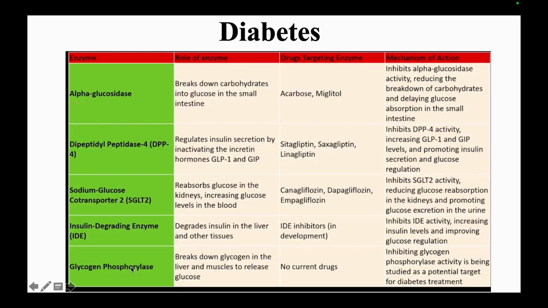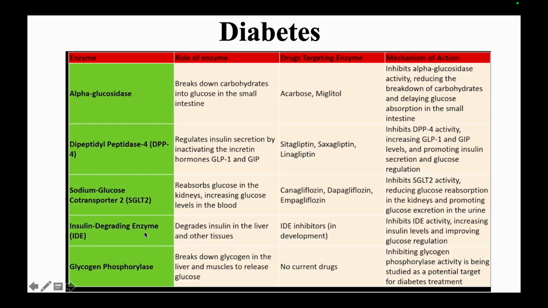Then we have the insulin degrading enzyme, IDE. Why do we want to degrade insulin in the liver or other tissues? Sometimes there is insulin resistance: however much our blood glucose levels increase, the insulin keeps on being produced, and there is no regulation, so we need to regulate insulin also.